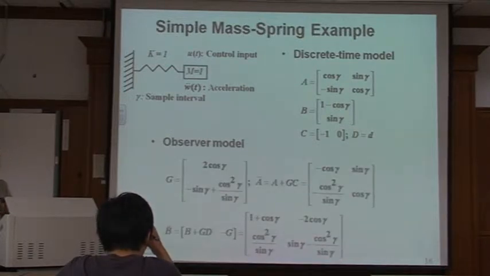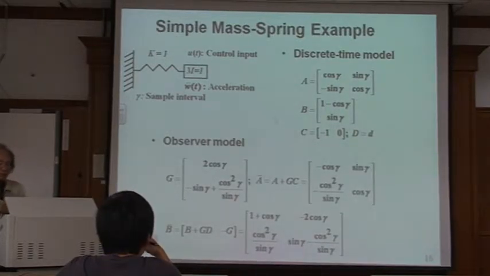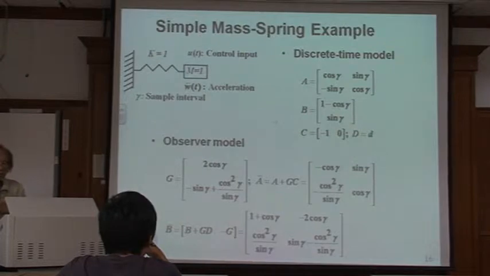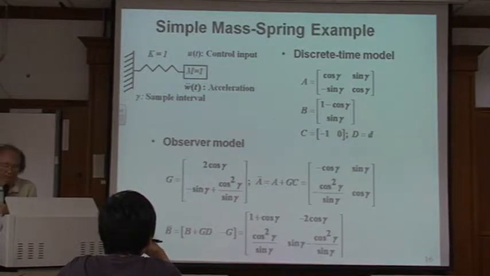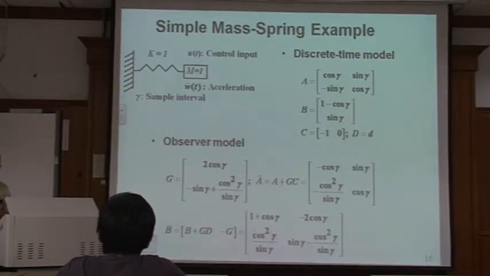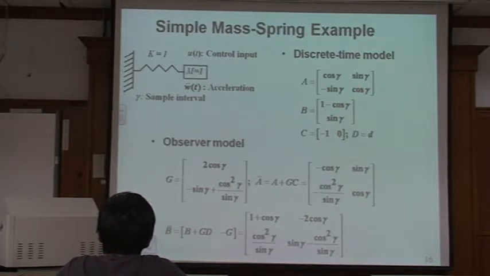Then the observer model, because I assume I know A, B, C, right? But practically we don't do it this way. This is just a way to show you how to compute the script T, script A, script B. Alright?